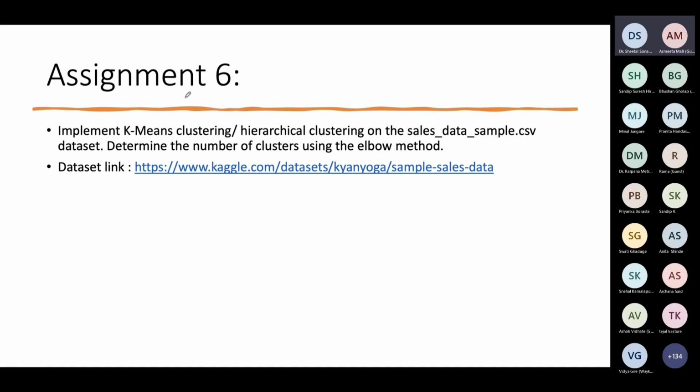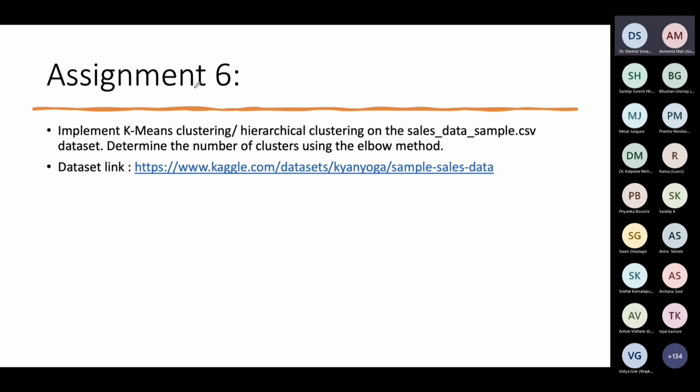Another part mentioned in the assignment is to determine the number of clusters using the elbow method. Students should understand what the elbow method is, how it is used, and how we find the actual value of k.